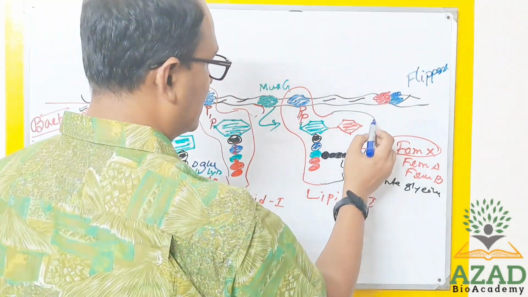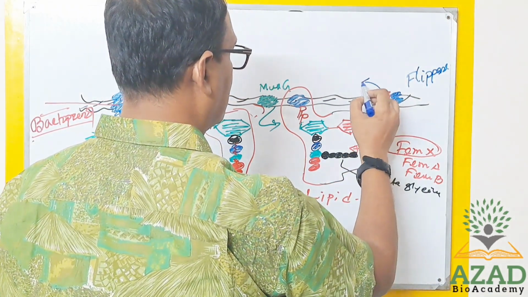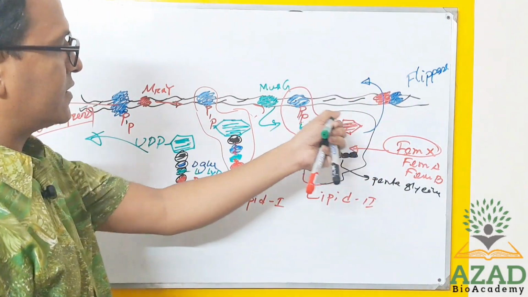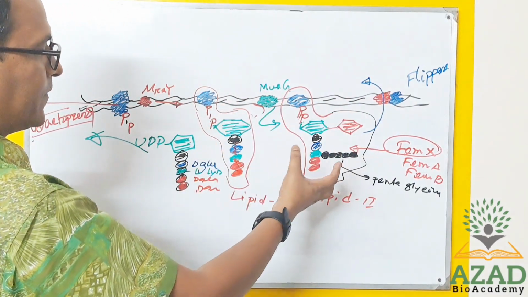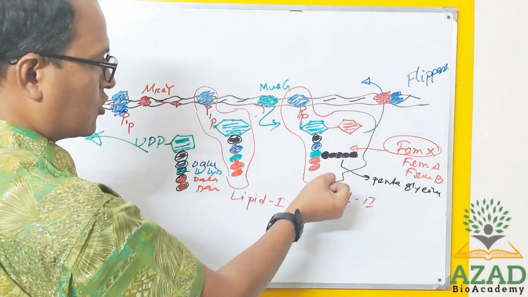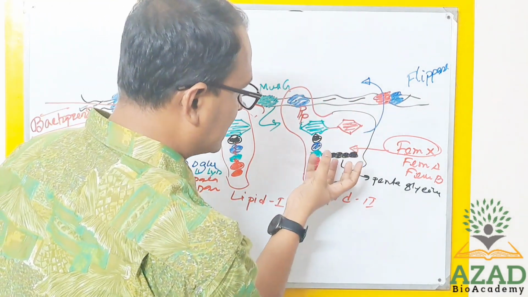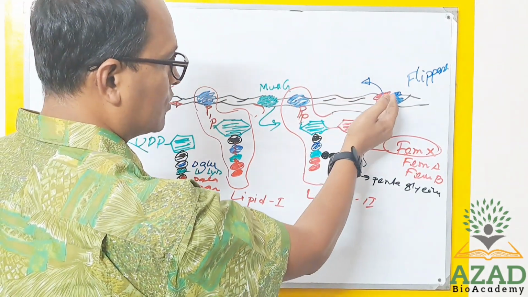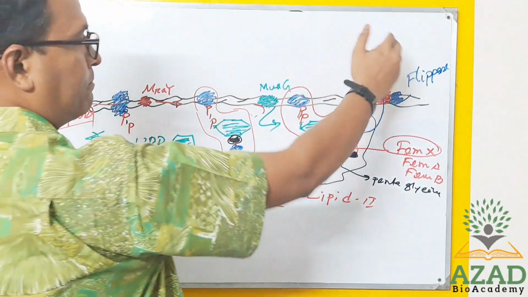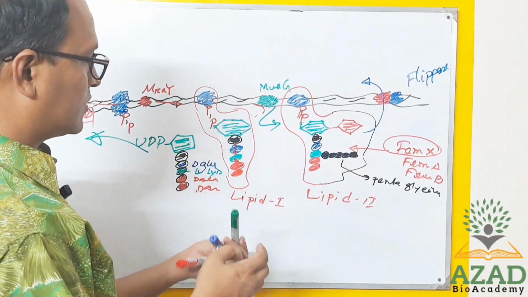The name is flippase enzyme; the basic unit will transfer from inside to outside. That is the flippase's main function. So what will happen here? The basic unit containing the bactoprenol will completely exit from inside to outside. That means it will cross the membrane with the help of the flippase enzyme. It is flippase. Okay.